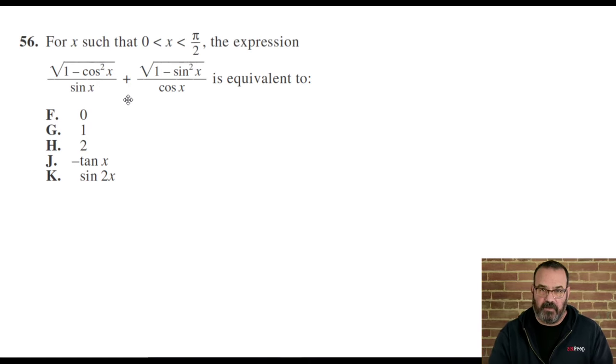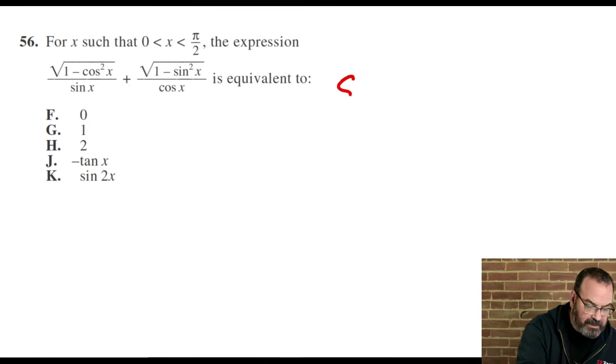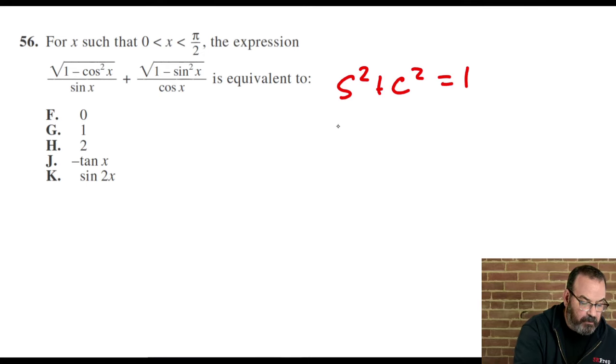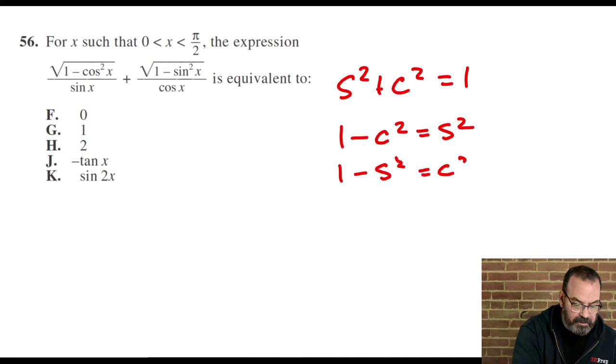All right. And again, sine squared plus cosine squared. So if sine squared plus cosine squared is equal to 1, then 1 minus cosine squared equals sine squared, and 1 minus sine squared equals cosine squared.